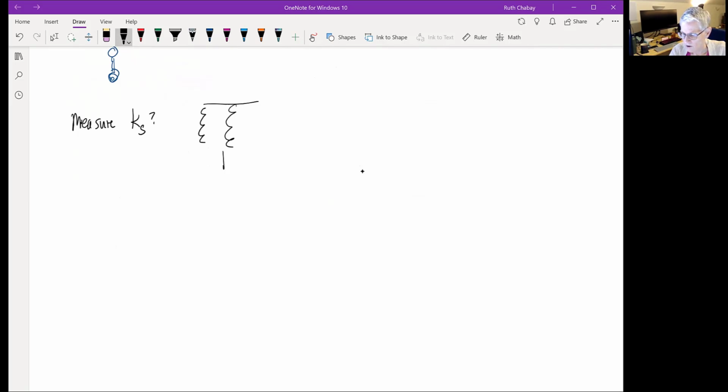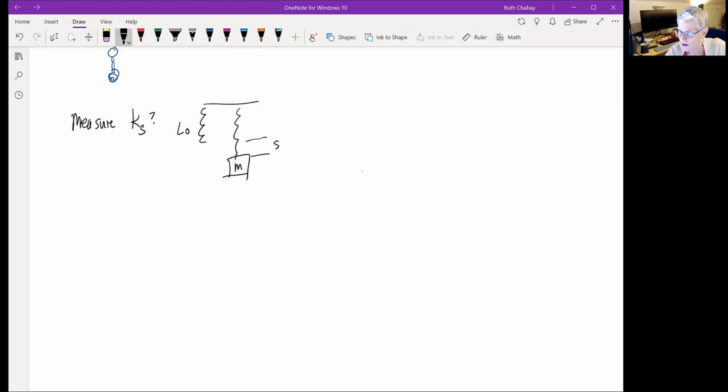We know its relaxed length. Yeah, exactly, how much it stretches under a certain force. That's right. So we hang some mass on it and look at the stretch. We've been talking about springs, so how much it stretches when we apply a certain force. The easiest way to apply a known force is just to hang a known mass on a spring.